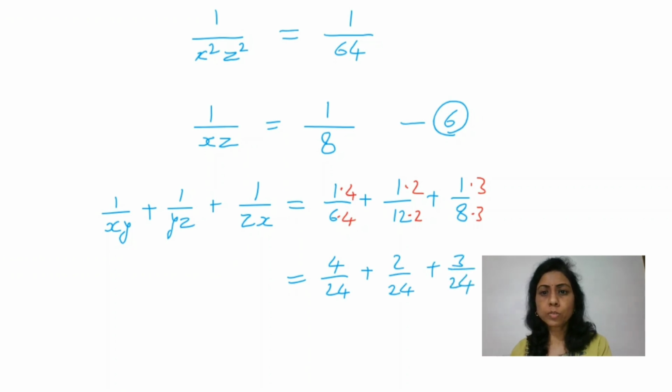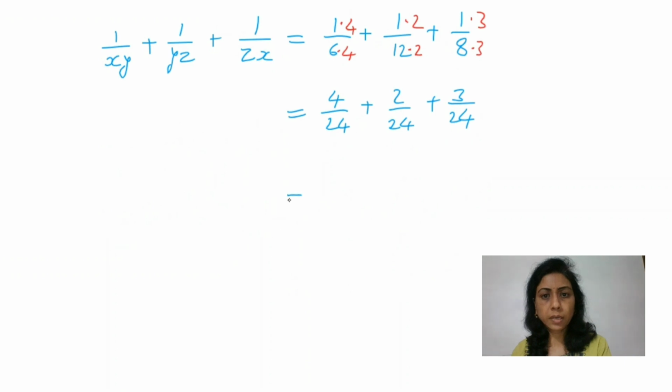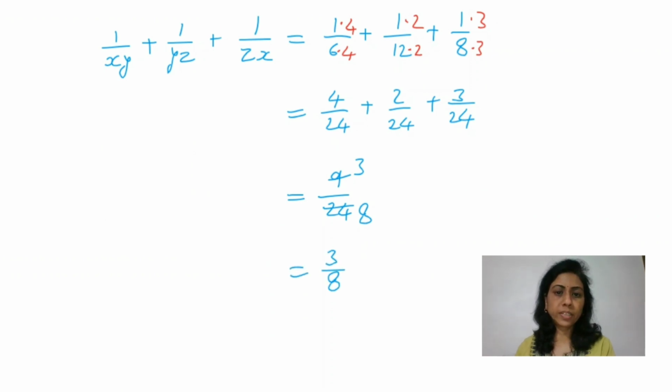So 4 plus 2 plus 3 is 9, and 9 upon 24. 9 and 24 divided by 3. 3 times 3, 9. 3 times 8, 24. Our final answer is 3 upon 8.